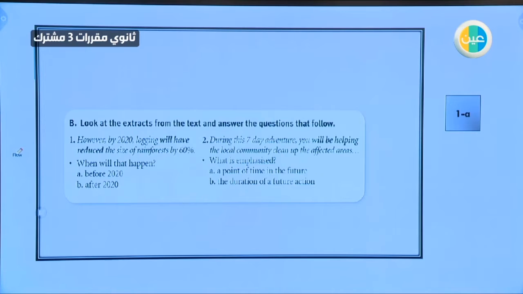Two, during this 7-day adventure, you will be helping the local community clean up the affected areas. Will be helping. What does this sentence emphasize or stress? It will be B, the duration of a future action, the time that it will take, exactly, the duration of the future action, okay?